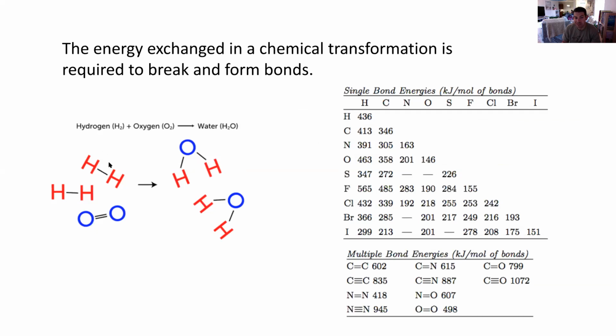So that's 436 each. We're breaking an oxygen double bond. That's 499. We are forming 4 oxygen-hydrogen bonds, 463 kilojoules each. So we would add up all the energy being broken. We would subtract all the energy being formed.